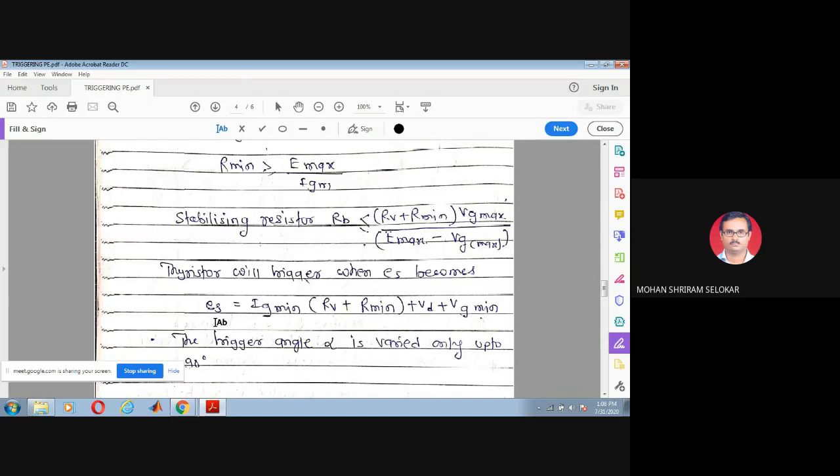If my SCR does not turn on by 90 degree, it won't turn on later either, very obvious. Understand? Because after 90 degree my input signal, the applied voltage, starts to reduce, isn't it? If it is not achieved till 90 degree, it cannot be achieved after that also. My SCR never triggers, right, if I keep RV large enough.